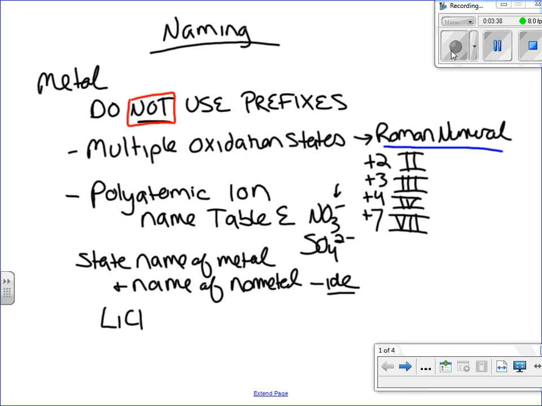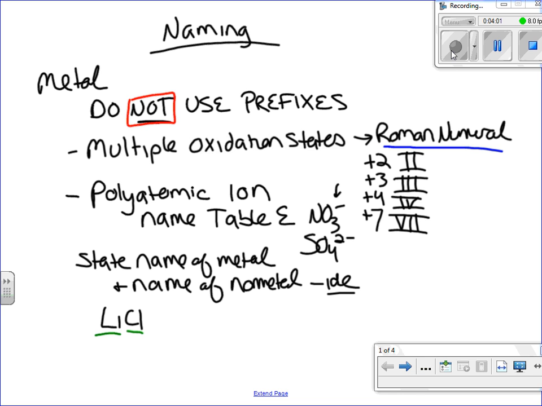Lithium is a metal. It's to the left of the staircase. Lithium only has 1 oxidation state. It only goes to +1. And I only have 2 elements, lithium and chlorine, and therefore I do not have a polyatomic ion.